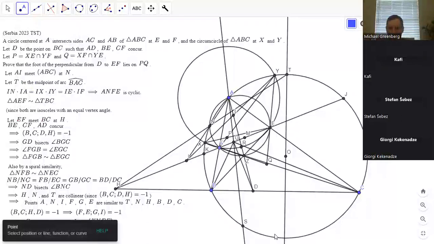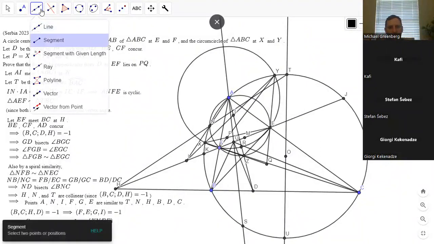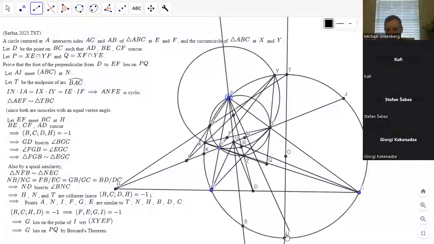Okay. So that point, and obviously AM and U are collinear. Yes. And also ND and U are collinear.